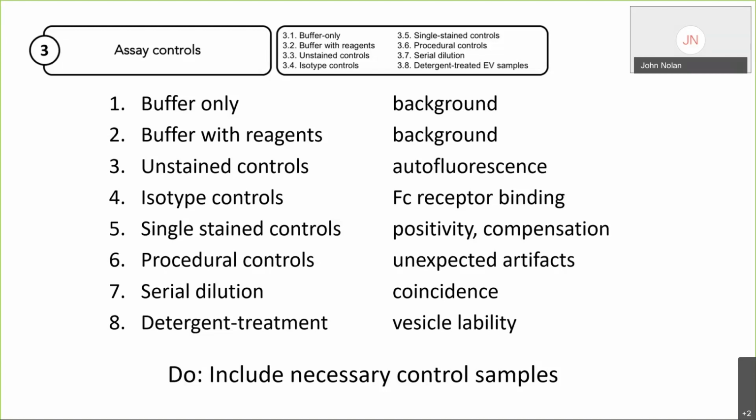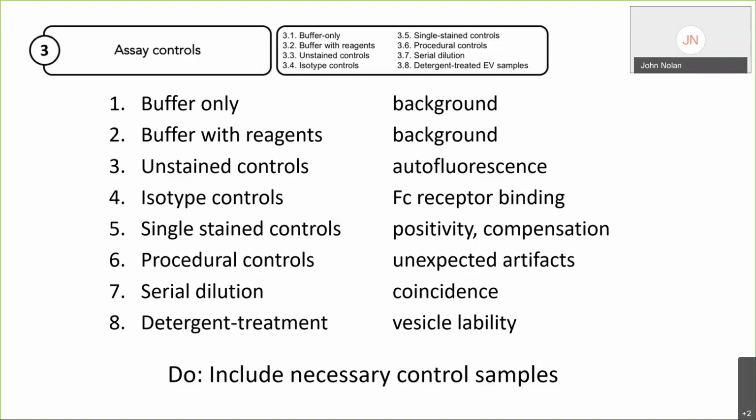There's a whole class of controls that are going to be assay dependent that we refer to here as procedural controls. So if you're doing a lot of processing to your sample, if you're doing several rounds of ultracentrifugation, or you're running things through a size exclusion chromatography column or other chromatography column, there's the opportunity for artifacts to be introduced here.